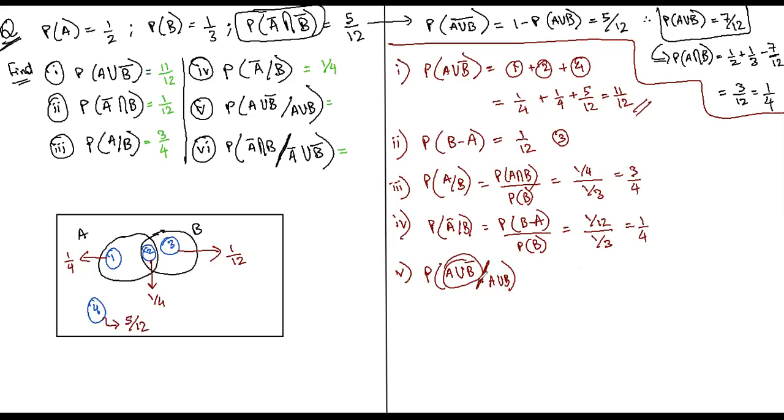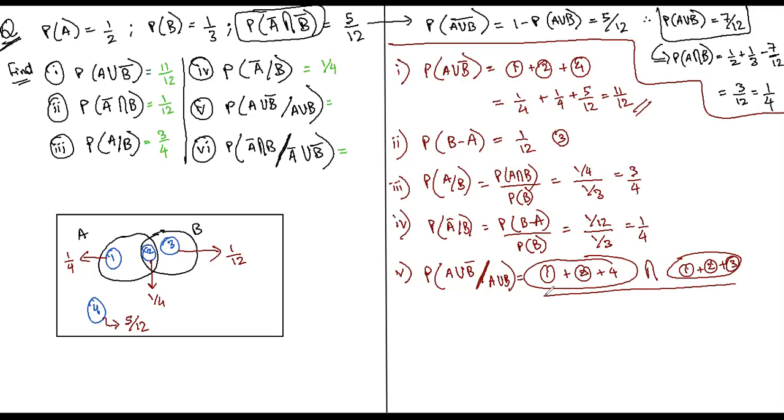What is A union B bar? That is region 1, 2, 4. What is common between region 1 plus region 2 plus region 4 and A union B? A union B is region 1 plus region 2 plus region 3. Out of these two, you can find the common part: 1 plus 2.